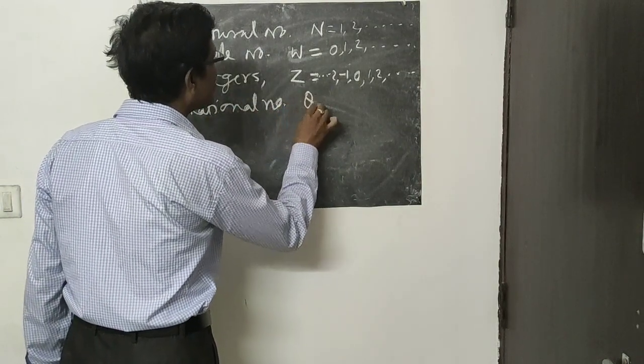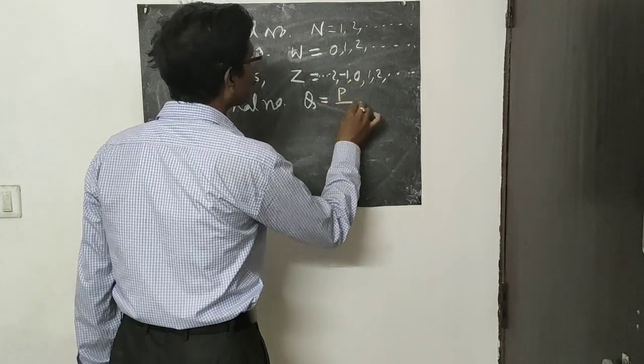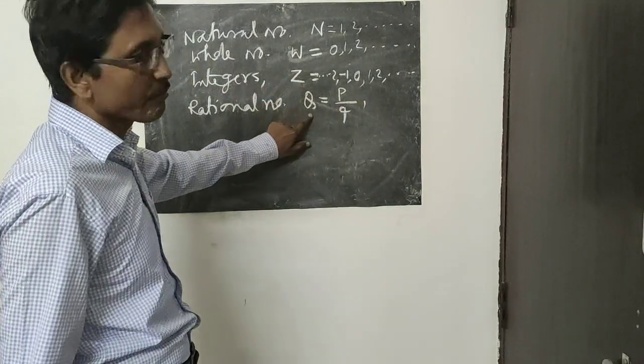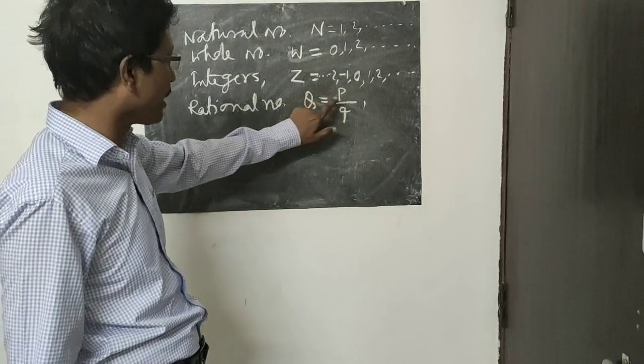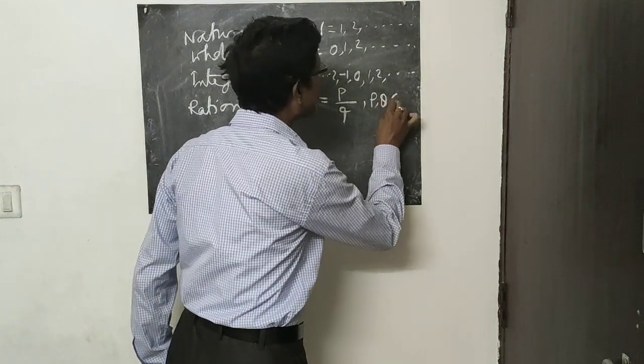That is usually denoted by Q. It will be in the form of P by Q. See the definition. Rational number in the form of P by Q, where P and Q are integers.